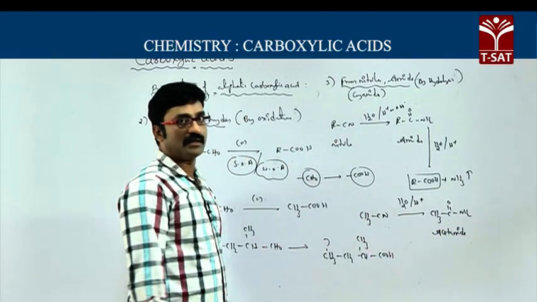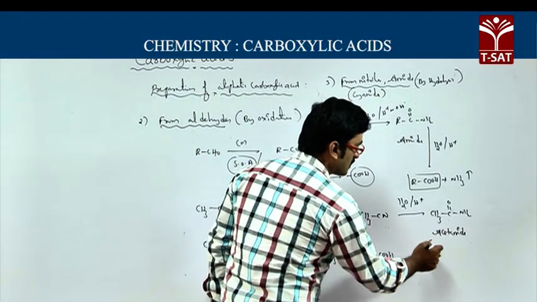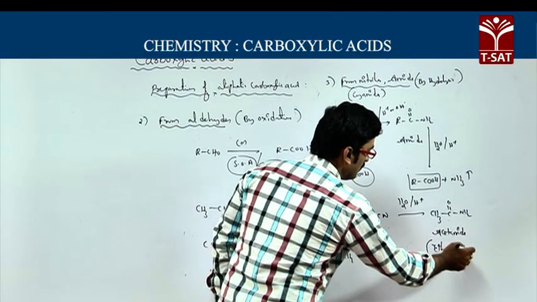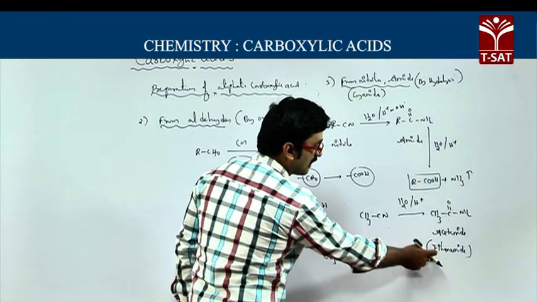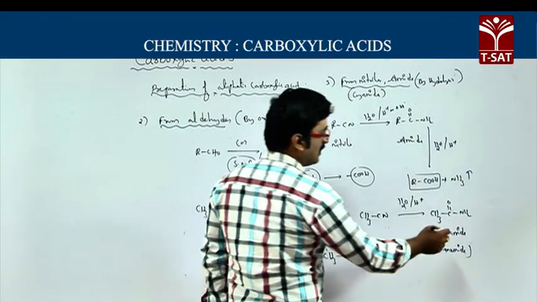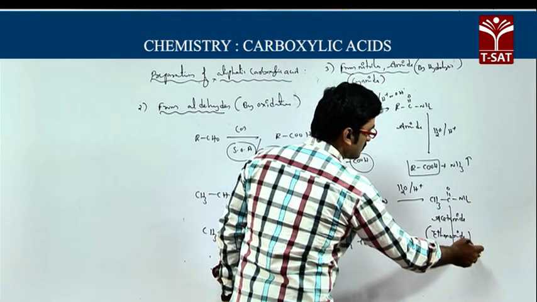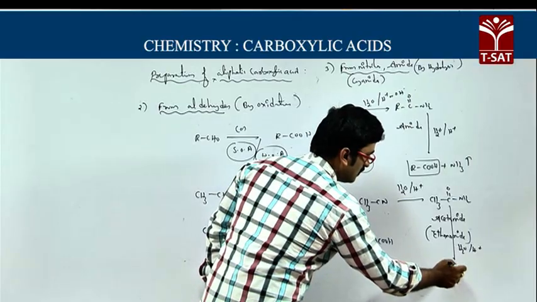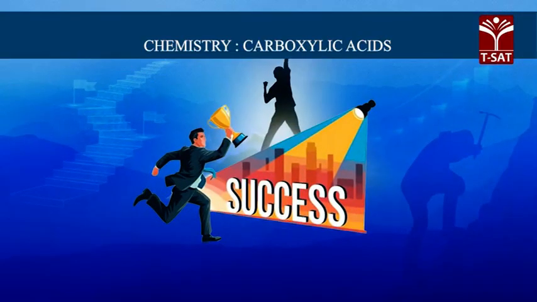Acetamide is the common name of that compound, and the IUPAC name, since two carbons are there, is ethanamide. This acetamide on hydrolysis in the presence of acid gives CH3COOH, acetic acid, plus NH3.